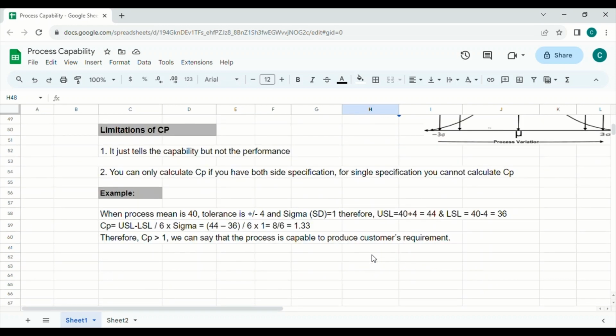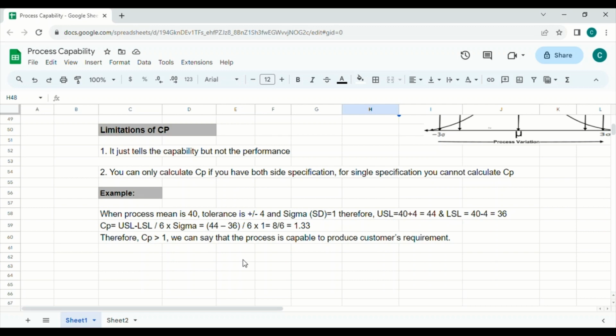Now let's take a simple example to understand how to calculate CP. Suppose in a process the mean is 40, tolerance is plus minus 4 and sigma is equal to 1. Then USL would be 40 plus 4, that is 44, and LSL would be 40 minus 4, that is 36.